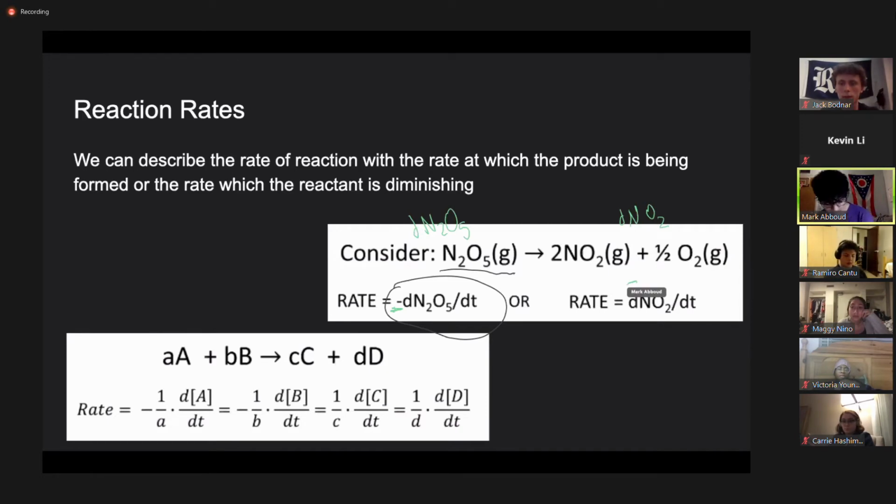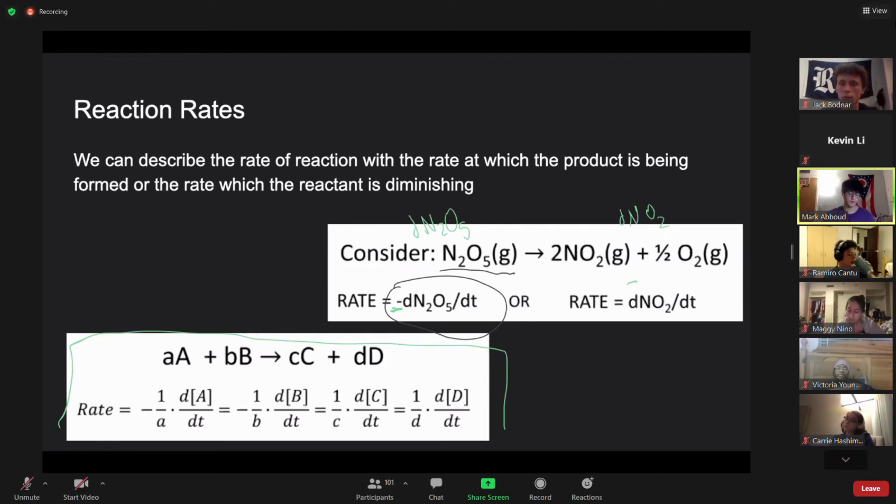That's the easy way to look at the difference between the rates of reaction when we're talking about products and reactants, which is also seen down here in this chart. This is a really nice chart because it also has the stoichiometric coefficients and how they factor in. Remember, we want to get these in common units. If A were to have a 2 in front of it, that means it's being diminished at twice the rate of C being created if C was equal to 1.